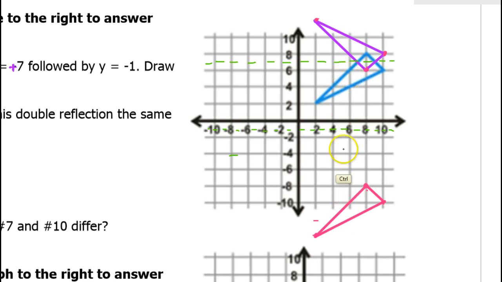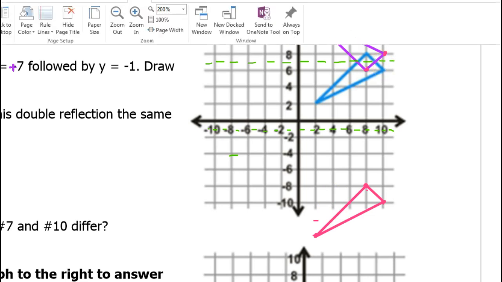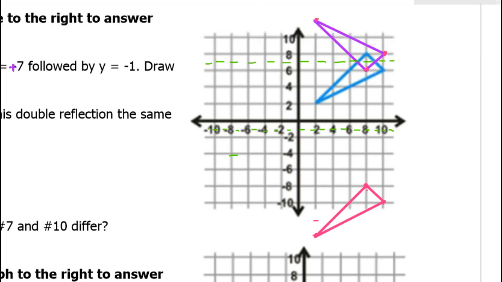So I should be able to get from the blue triangle to the red triangle by doing a translation. If I just took the blue triangle and slid it down, I would get there. So it's just a matter of how far I have to move. Okay, now look at these points to help you see. Look at this point right here and this point right here. These are corresponding points.